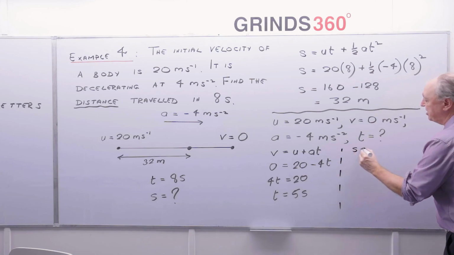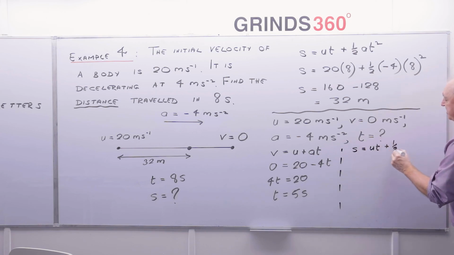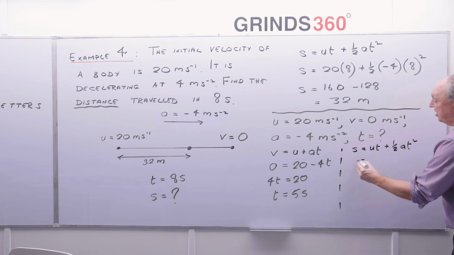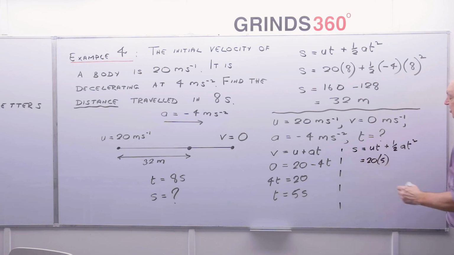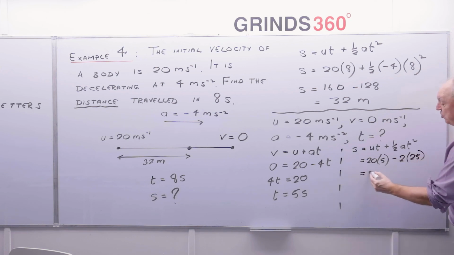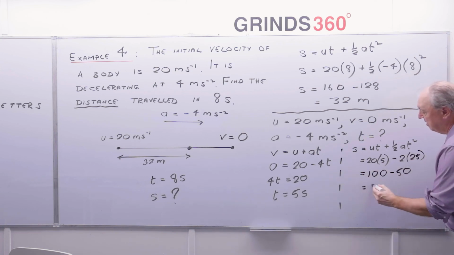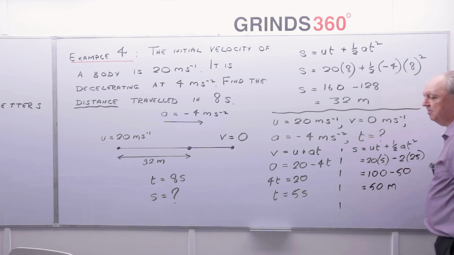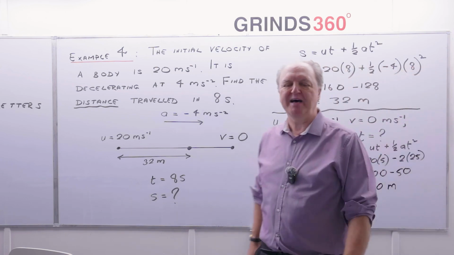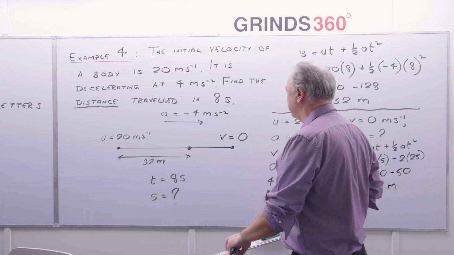I'm going to write down s is equal to ut plus a half at squared. s is equal to u, 20, by time, 5 seconds, plus a half a. I'll speed this up a little bit. That's minus 2 by t squared. t squared is 5 squared, which is 25. That's equal to 100 minus 50. That's equal to 50 meters. So I travelled 50 meters after 5 seconds.